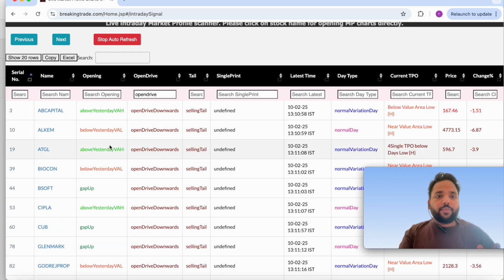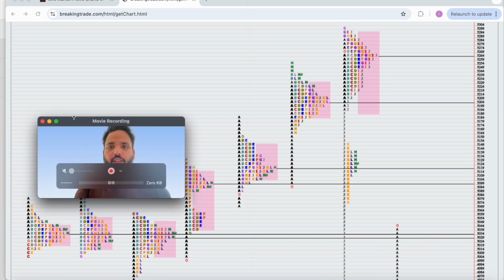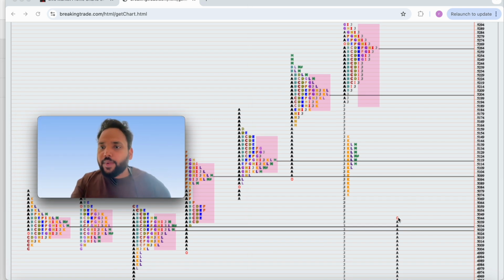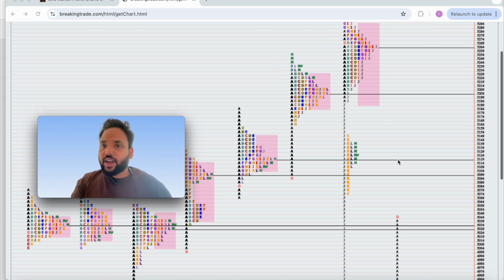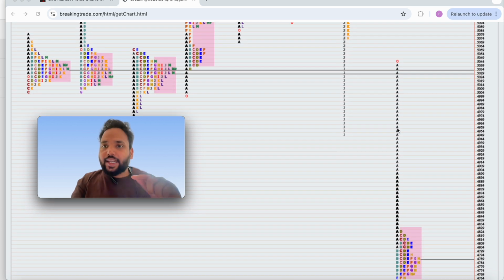Let's take the example of Elcom to see the concept of open drive downwards. Now you can see the market opened around 5044. It is outside yesterday's value area low, which is 5194. And this futures chart has been moving in a single downward direction since the opening. There is not a single TPO above open.